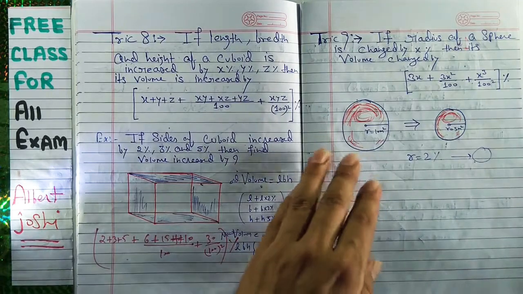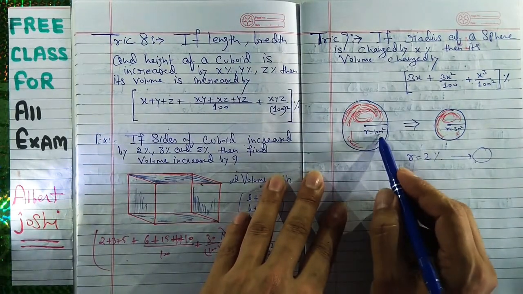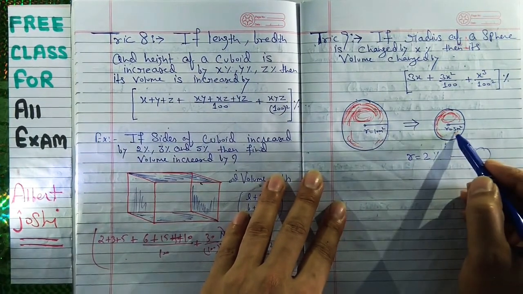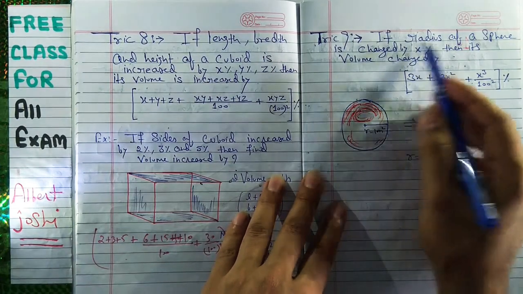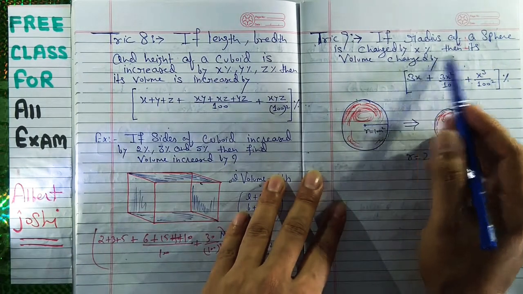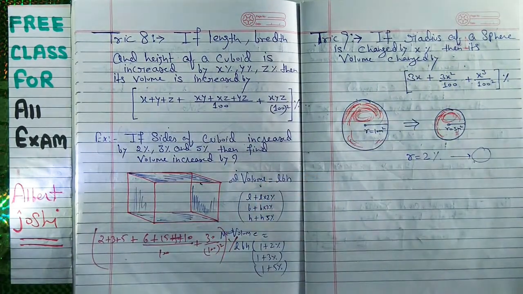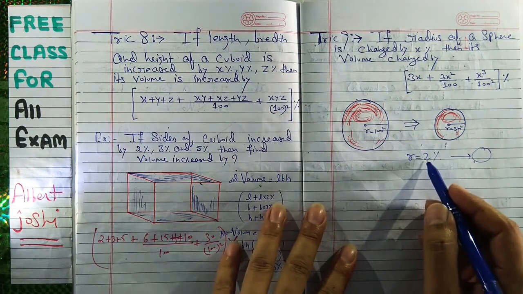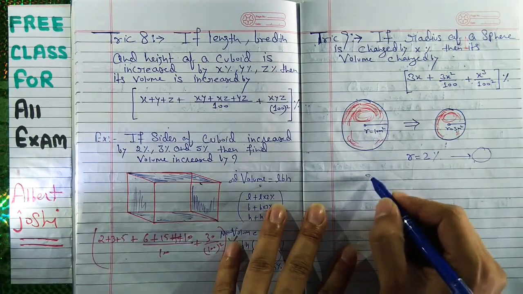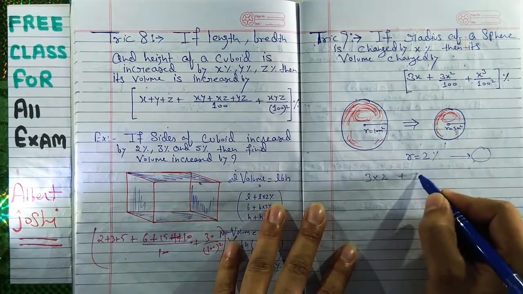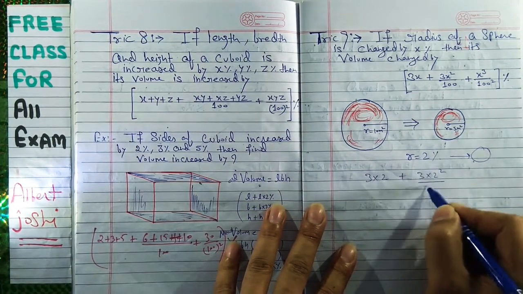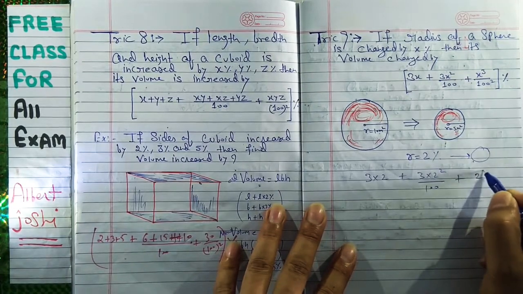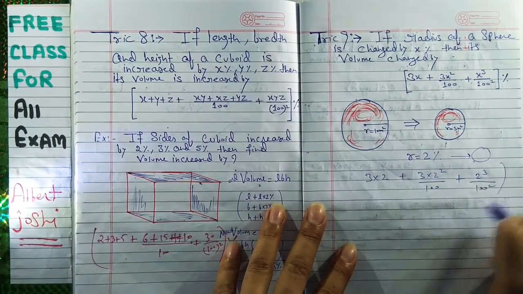If the radius of a sphere is changed by x%, then its volume will be changed by this. So in this condition you have to put only 3x plus 3 into x square upon 100 plus x whole cube upon 100 square percentage.